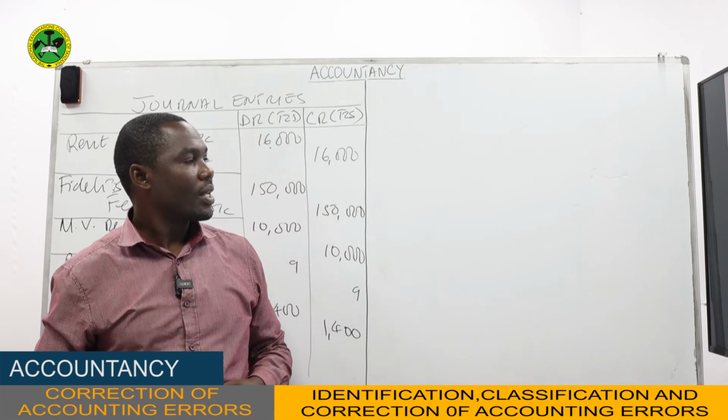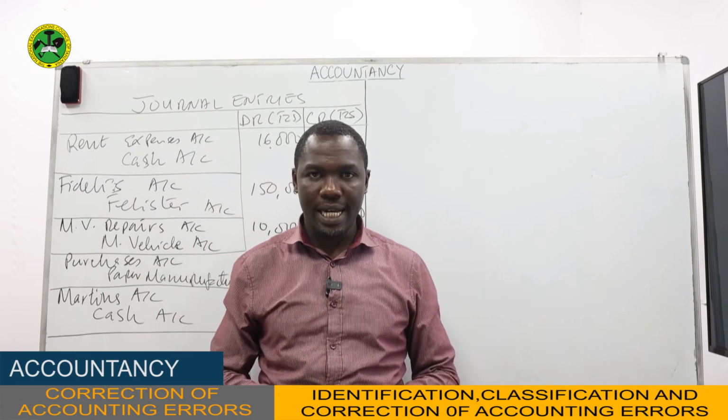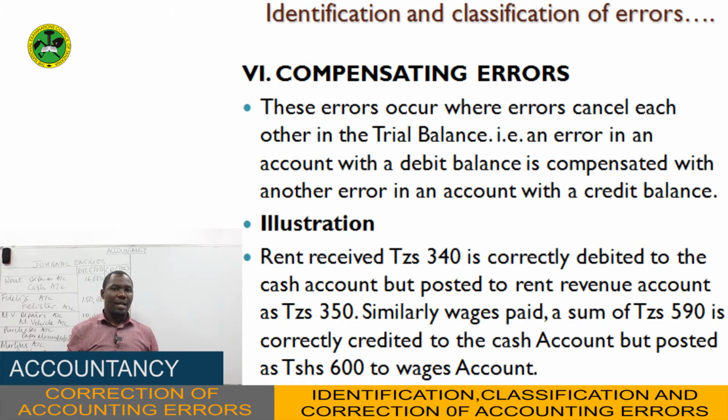The last in this category is compensating errors. This type of error normally happens where errors cancel each other in the trial balance. How do errors cancel each other in the trial balance?